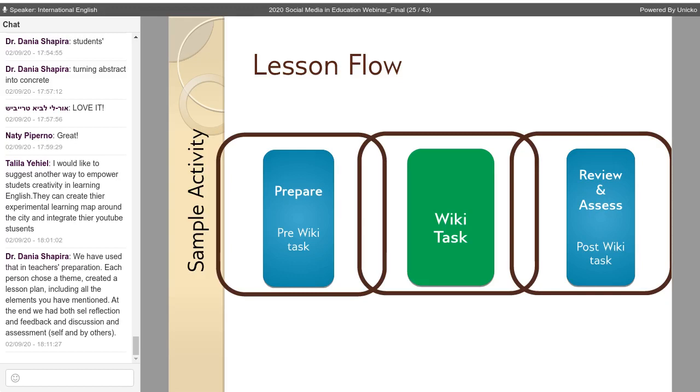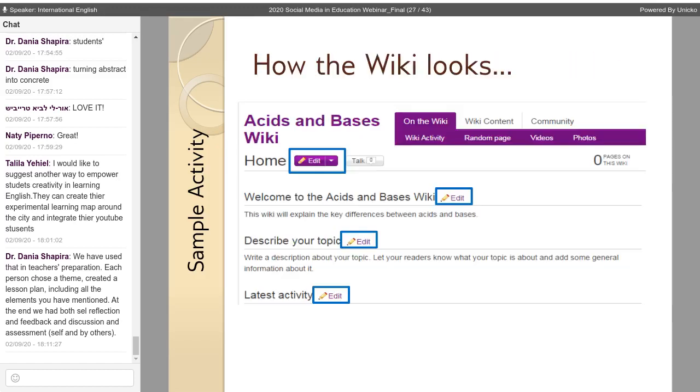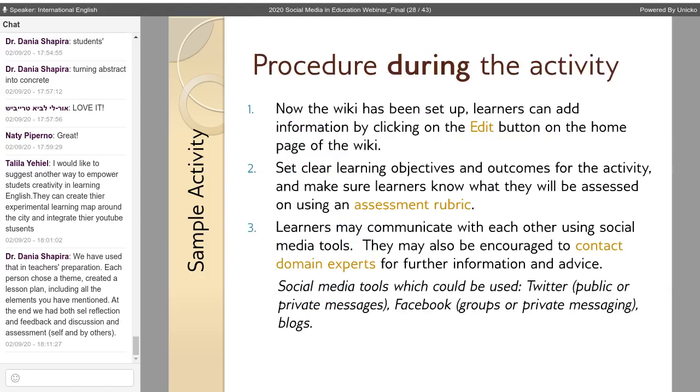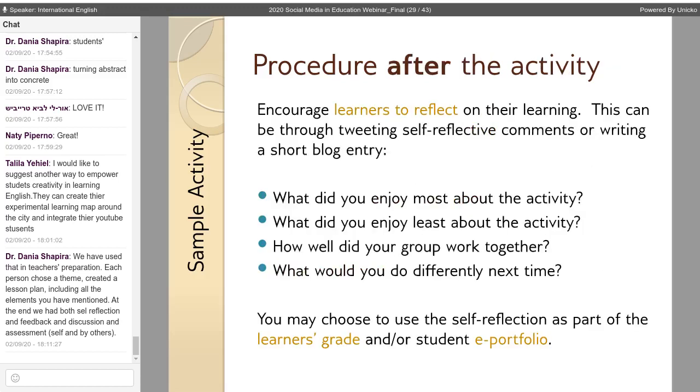Self-reflection is an important part of the learning process. It develops students' reflection and metacognition. It helps them identify their own areas of weakness and strength.